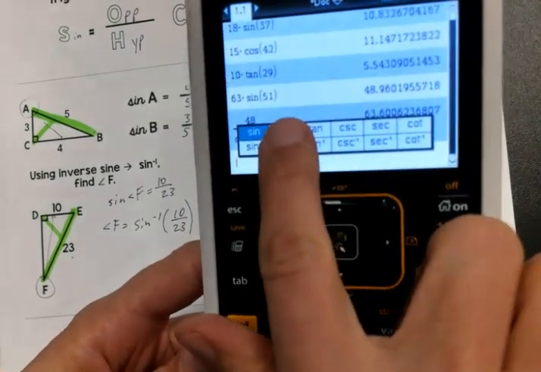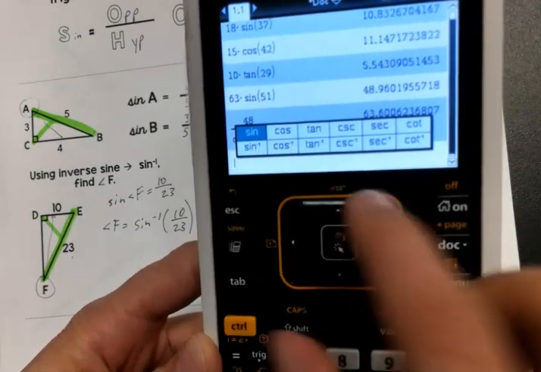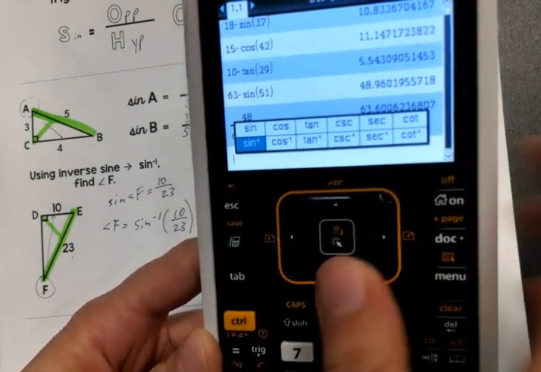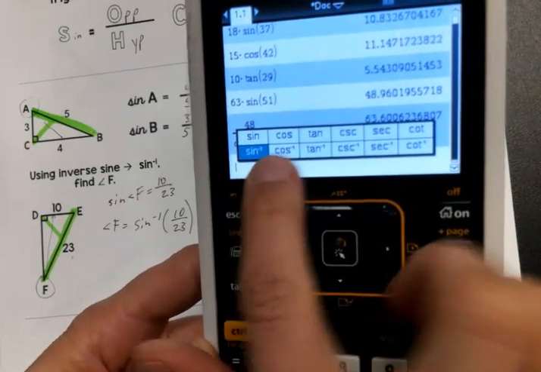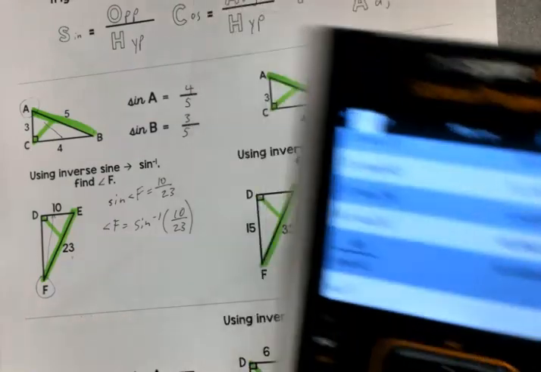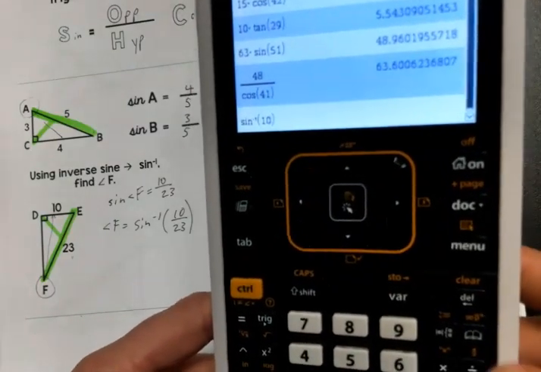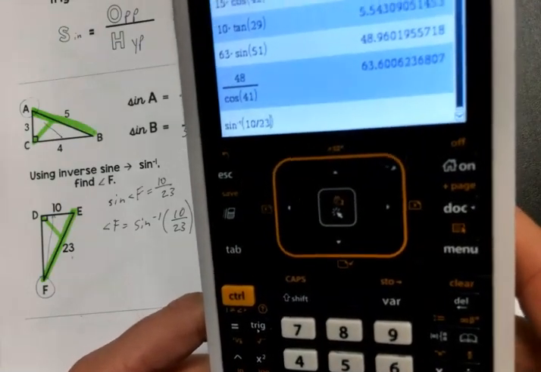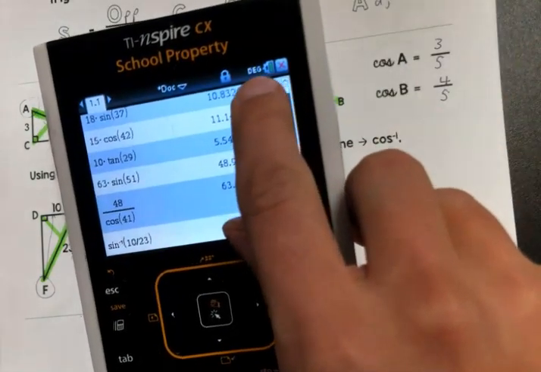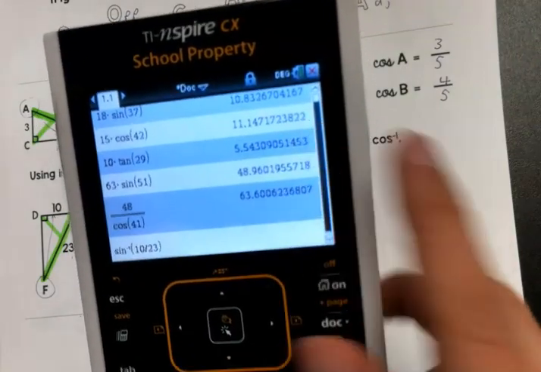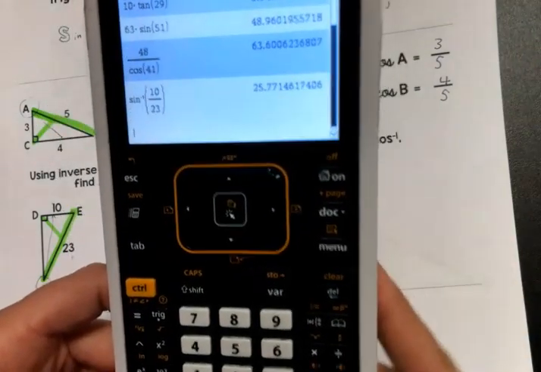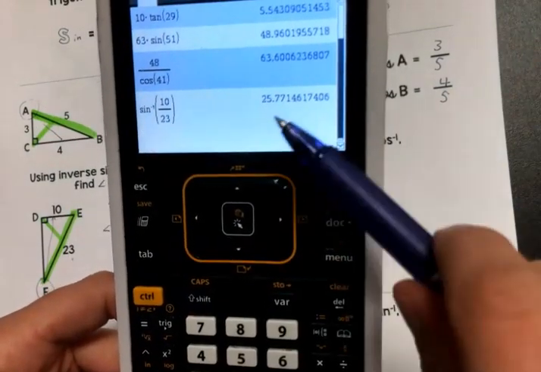Notice that the bottom row on the trig functions is the inverse function. So inverse sine of 10 over 23, and I check my calculator to make sure it says degree at the top, DEG. And so that is 25.77 degrees.